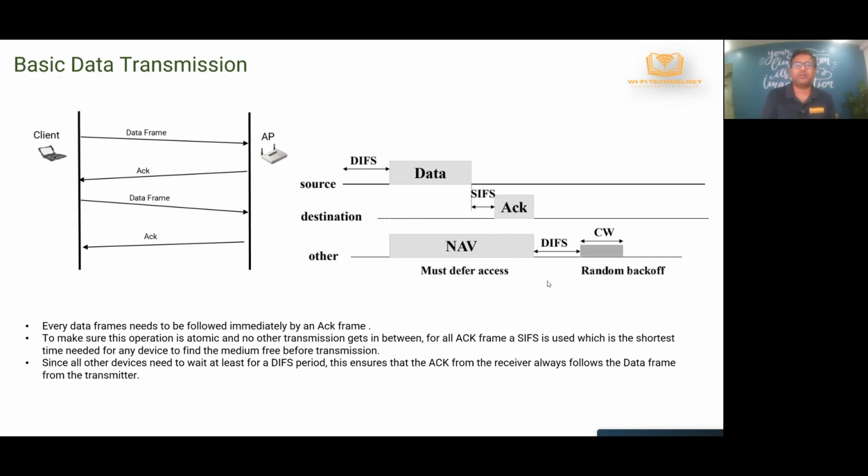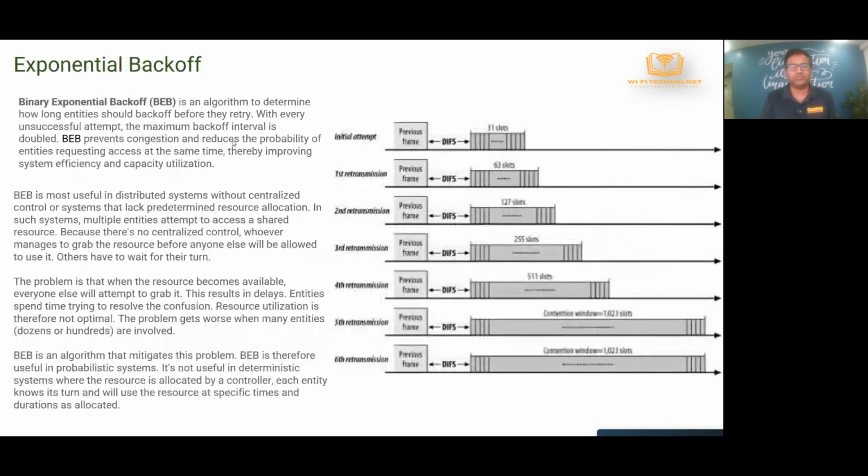We want one person to get preferential access based on the importance of the content. So in other words, after the data frame was sent, the most important frame in the entire wireless LAN cell is the acknowledgement. Nothing is more important than that. So you say, okay, acknowledgement, you only have to wait a SIFS, and everyone else has to wait at least a DIFS. And so it gives you higher priority. So that's an example of how this interframe space works.